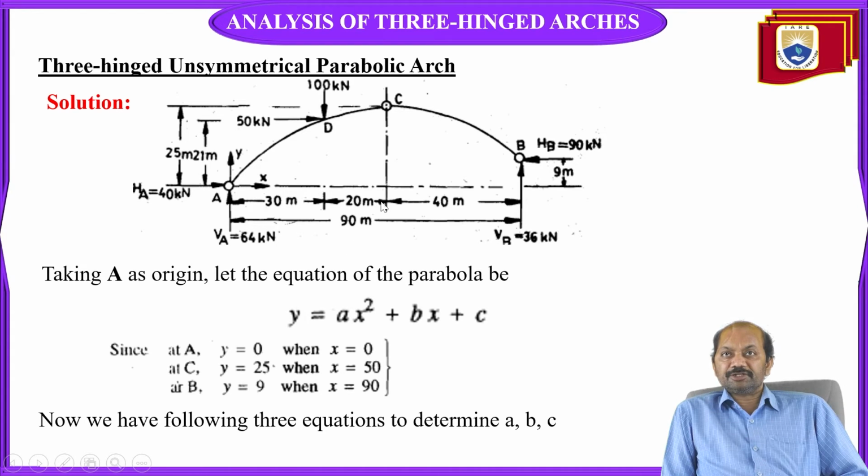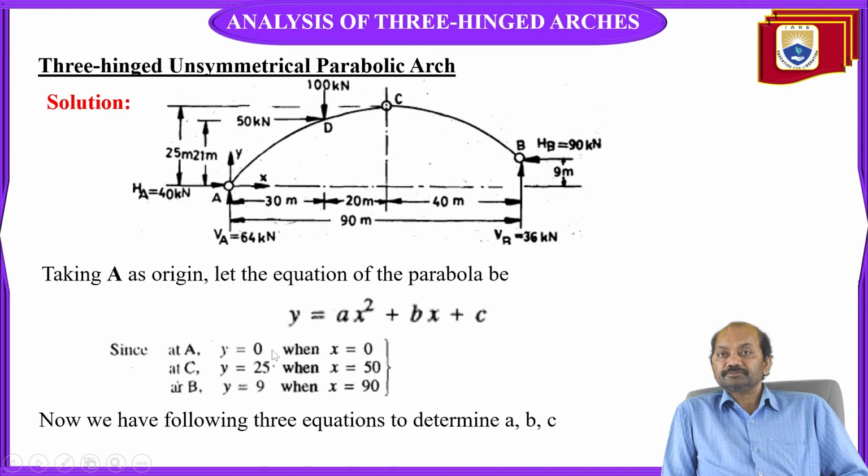We already know C is located at a distance of 50 meters from support A. That means x is 50. Then we will get y is equal to 25 when x is equal to 50. And at B, when x is equal to 90, then y comes out to be 9 meter.